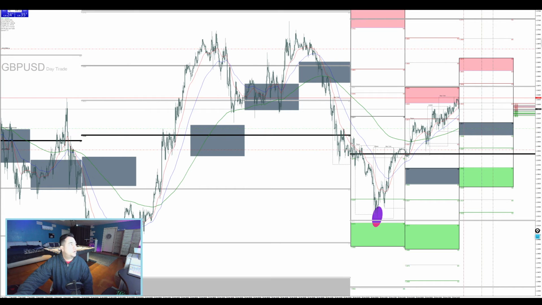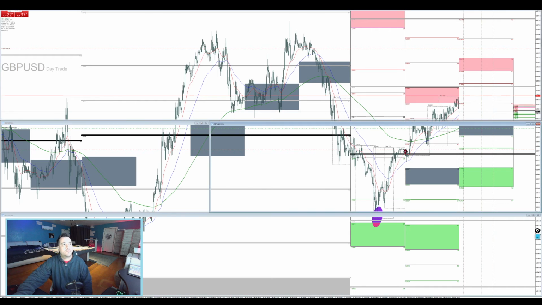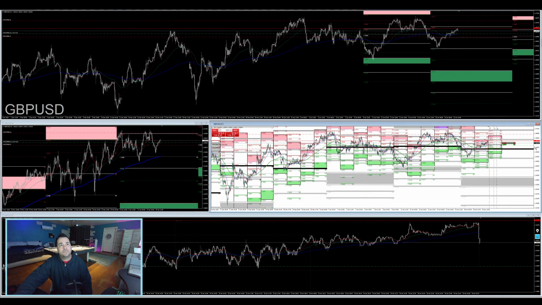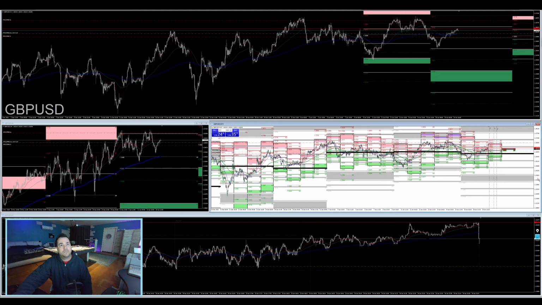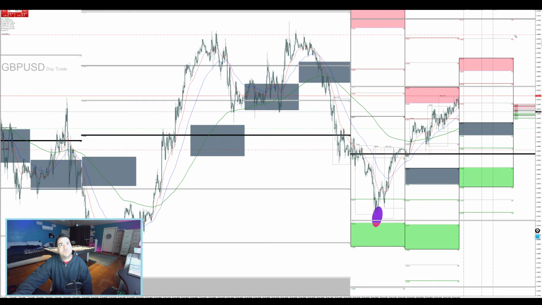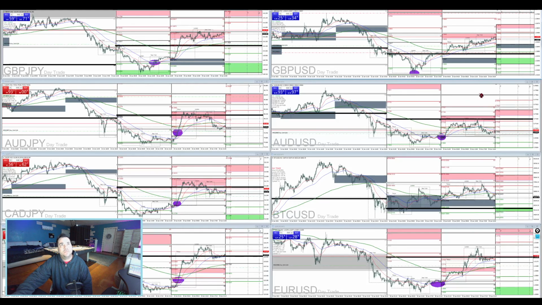Let's go to pound dollar. That's an R3. Okay, let's go back on over full pivots. Yeah, this one's going to be an R3. Okay. Got that one done.